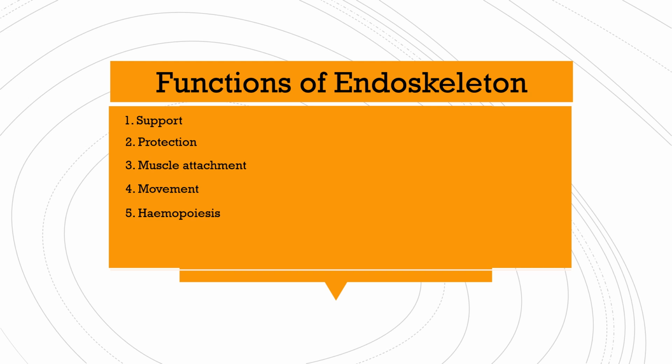So we know that the bone marrow of the long bones is the site for formation of blood cells, and thus endoskeleton is also responsible for formation of blood in the body. It is also a reservoir for minerals like calcium and phosphates.